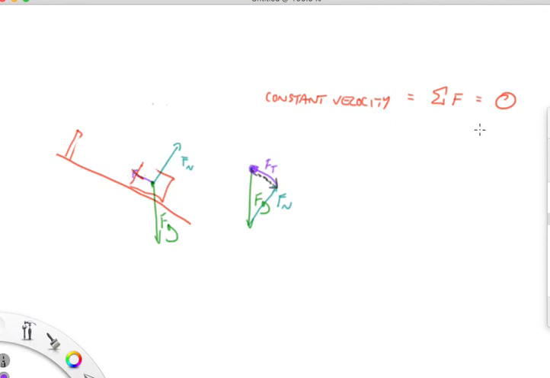So if it's in constant velocity, all these must equal 0. So instead of having this as being a tension force, now this would be a frictional force. And then overall, all the forces added up would still be 0. You just would have a constant velocity going downwards the hill, because the friction would stop it from accelerating anywhere down the hill. Okay, I hope that makes sense.